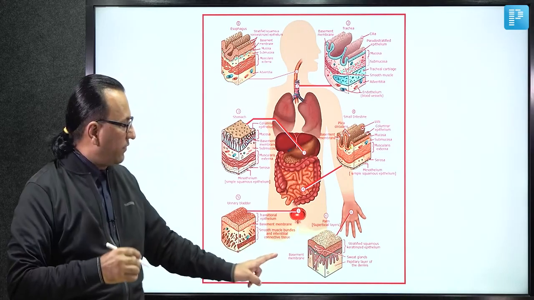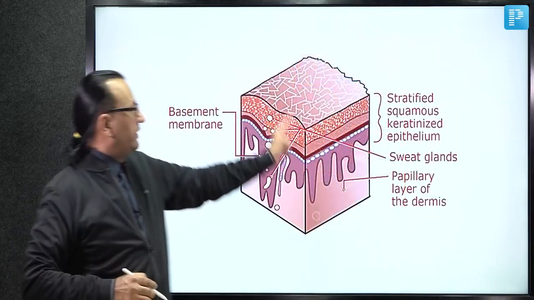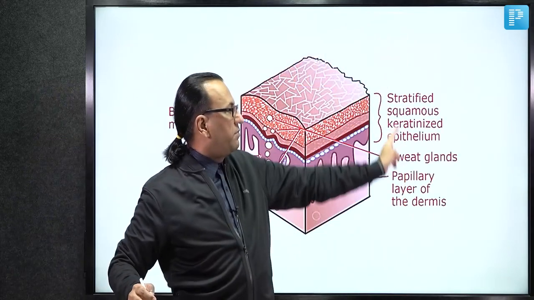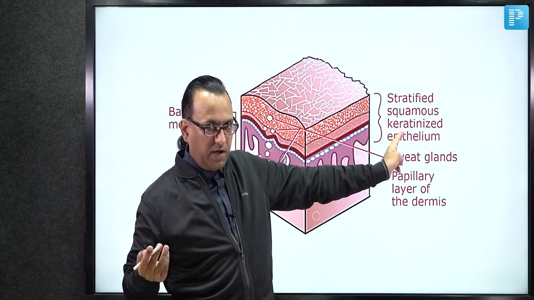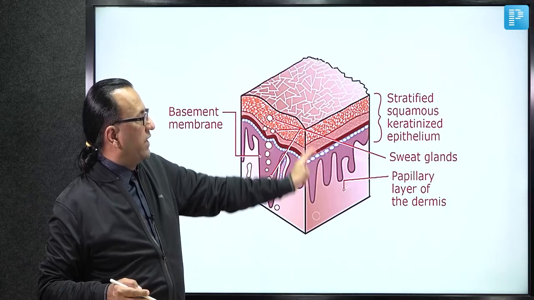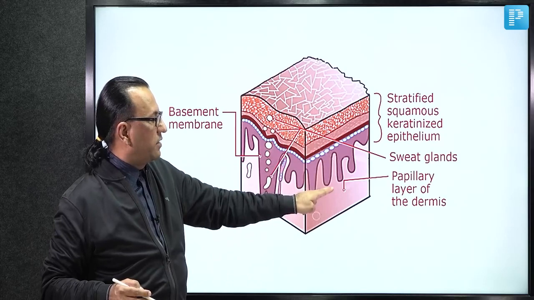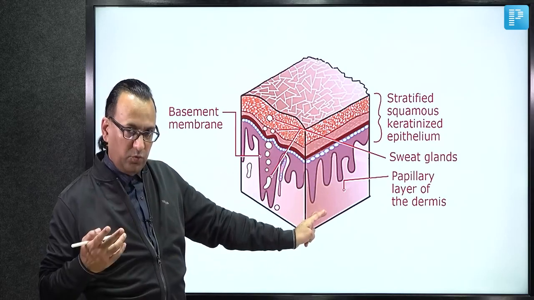Now we are magnifying this diagram of the skin, looking at some of its layers. As we mentioned, it is stratified squamous epithelium but is keratinized, keeping it dry. When we look at the subepithelial connective tissue, there is the dermis. The epithelium is called epidermis and under that is the dermis, and the dermis itself has 2 layers.